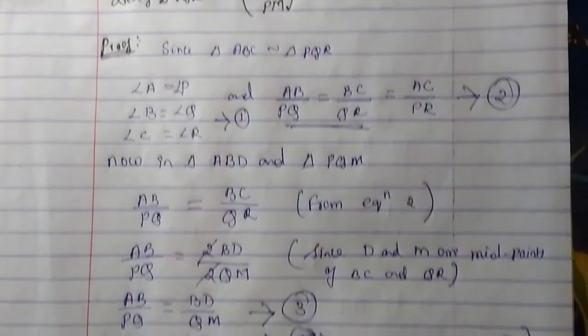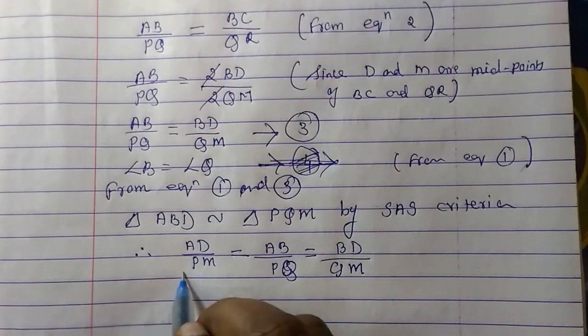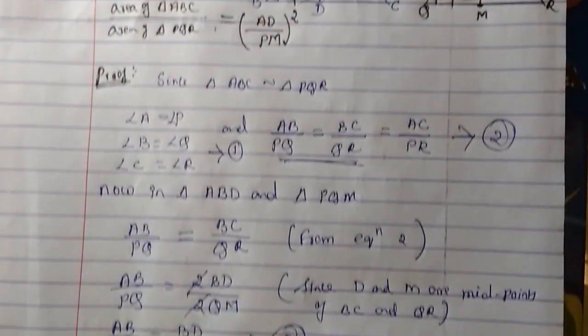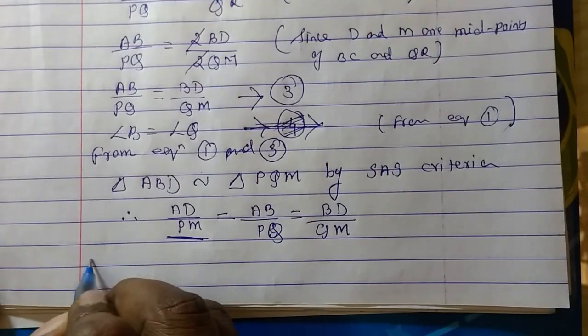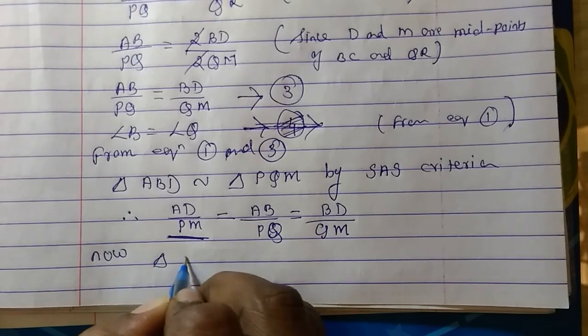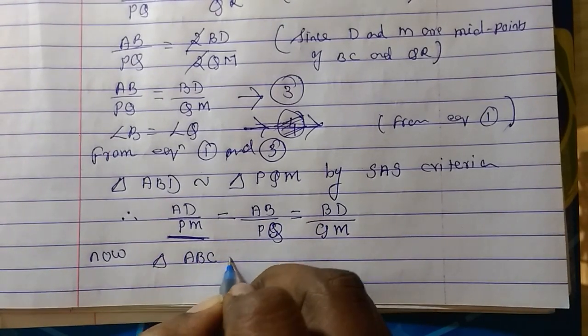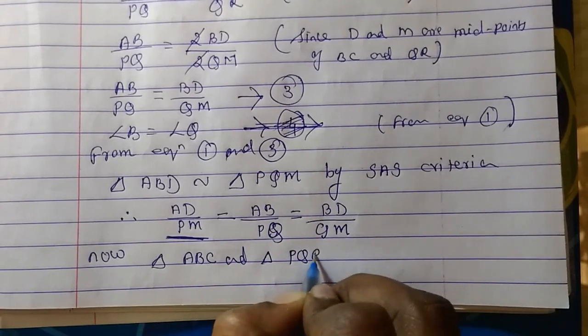But then we have to prove that AD upon PM, the square of it, is equal to the ratio of the areas. Okay, so let's take now triangle ABC and triangle PQR, both the triangles.